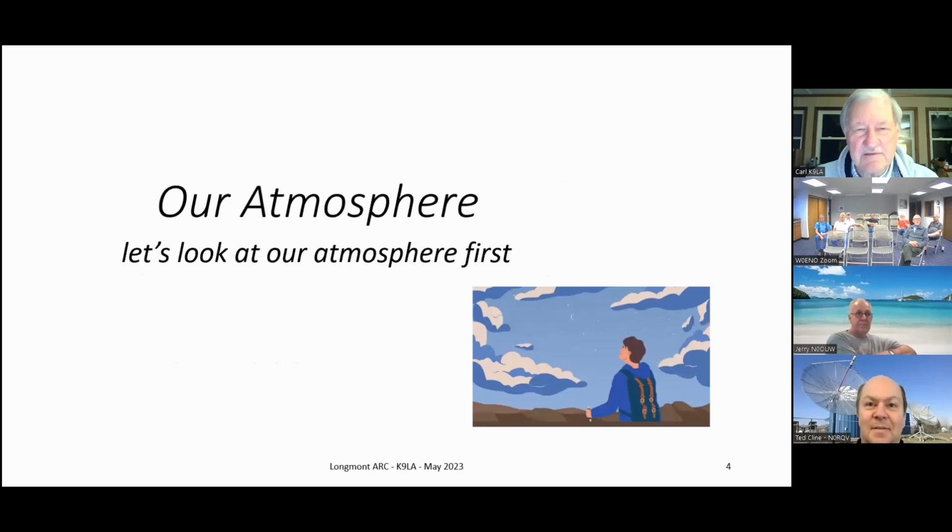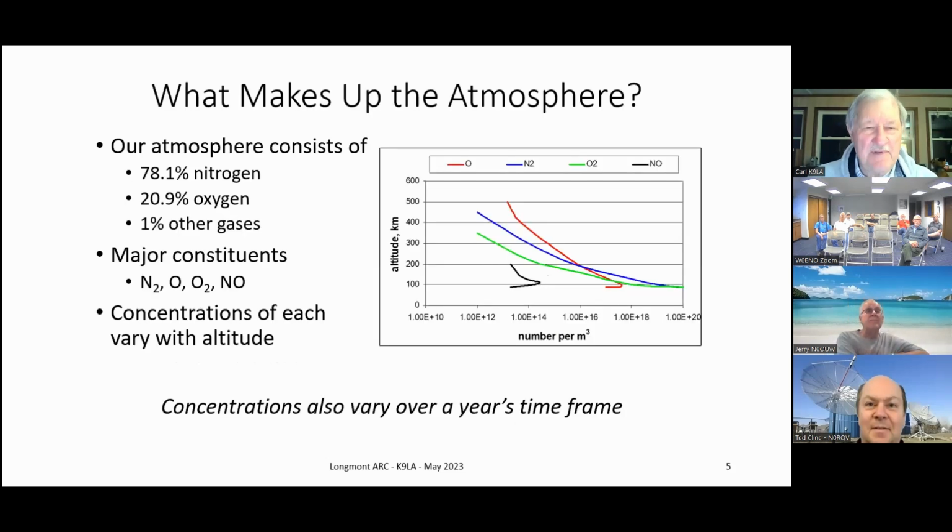So let's look at our atmosphere first. There are four major constituents in the atmosphere: molecular nitrogen, which is N2, atomic oxygen, which is O, molecular oxygen, which is O2, and nitric oxide, NO. And when you throw all that stuff in the atmosphere, about 78% is nitrogen, 21% is oxygen.